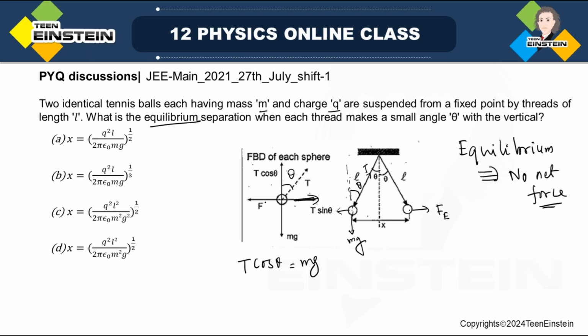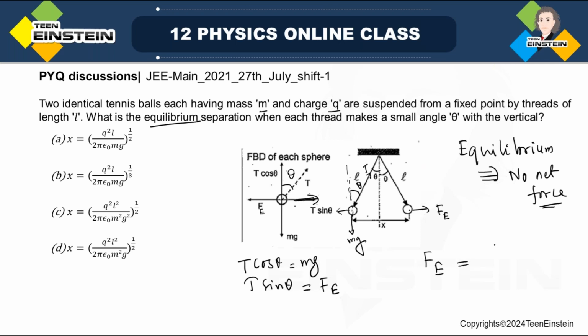See, T sin theta along this way, and this electric force Fe is in the leftward direction. So I can write T sin theta equal to Fe, the electric force between them. So what is Fe?